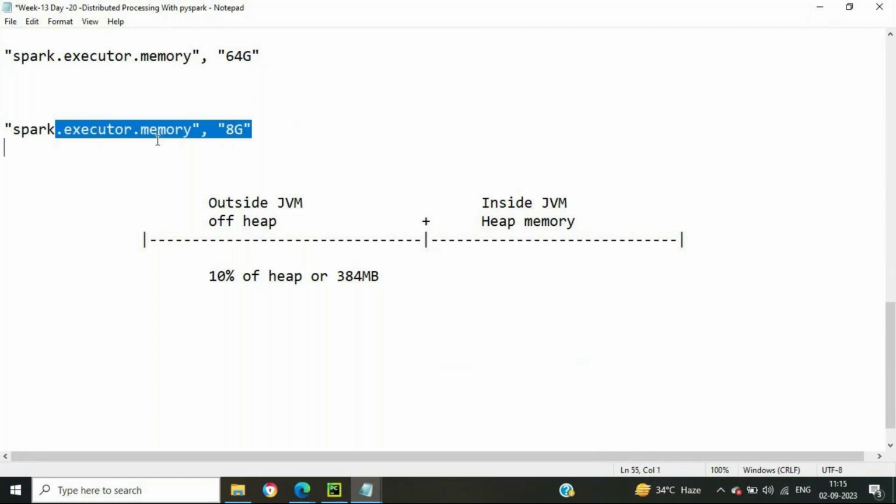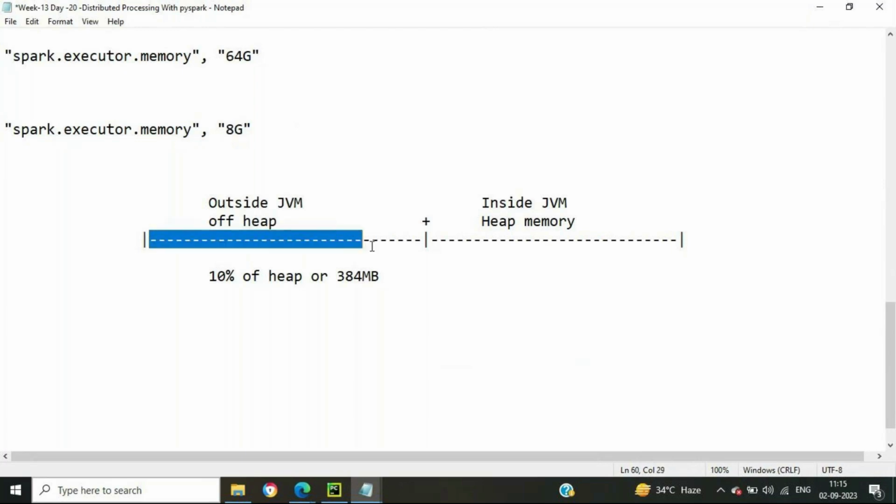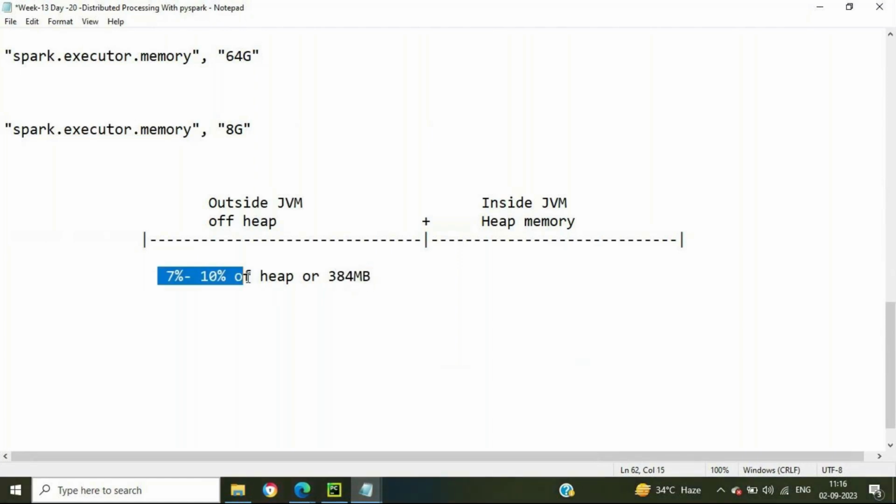For the executor, if I have mentioned 8 GB, this is the combination of this particular memory. Off-heap memory will be by default 384 MB, or 7% to 10% of heap memory.